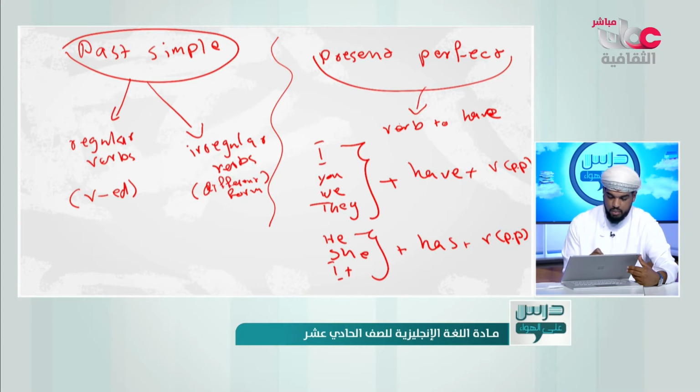So again, the same. If the verb is regular, you will add only ed here. If it is irregular, you will write the memorized form. All right, so this is a simple and clear introduction about the past simple and the present perfect.